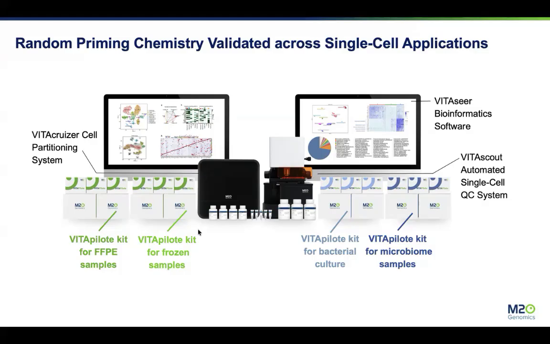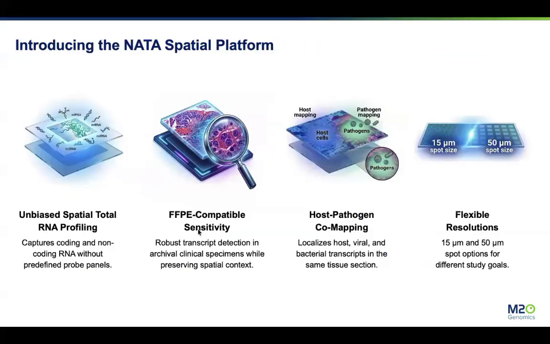These results are supported by both internal validation and multiple peer-reviewed publications. Across these applications, we consistently observe reliable capture of diverse RNA classes across different organisms. This provides a strong foundation for extending the same validated chemistry into spatial transcriptomics. And this is how we developed the NATA Spatial platform.